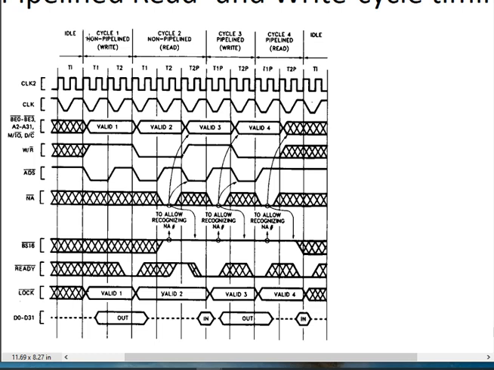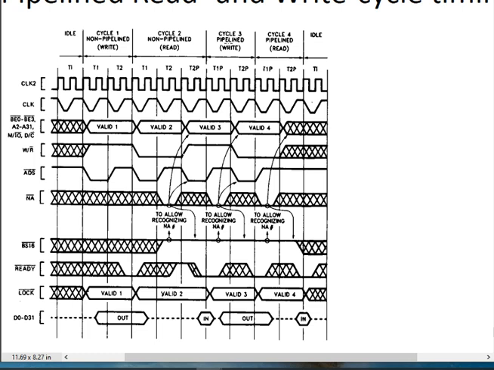So this is the non-pipeline write cycle. The difference between the non-pipeline write cycle and the read cycle is only this 1 and this 0. Now we'll go for the third one.